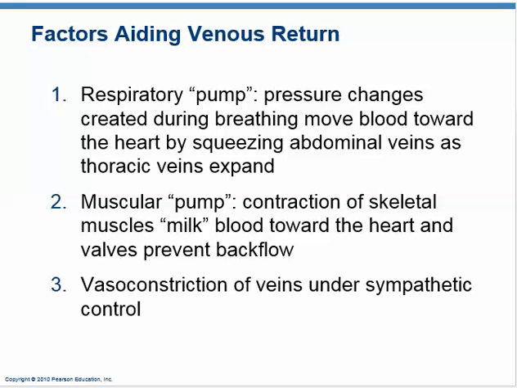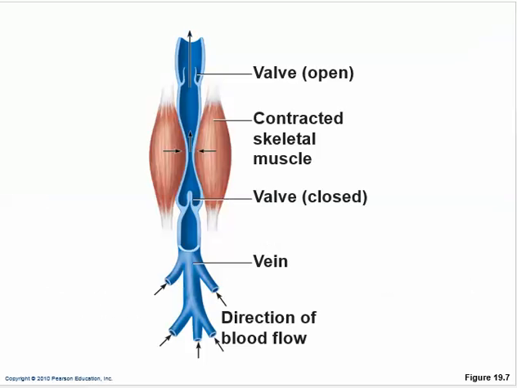Another thing that happens is that if you need more blood to return to the heart, you need to increase cardiac output, then the sympathetic nervous system will actually cause vasoconstriction of the veins a little bit, and that will actually speed up the flow back towards the heart. So this is what the muscular pump looks like.